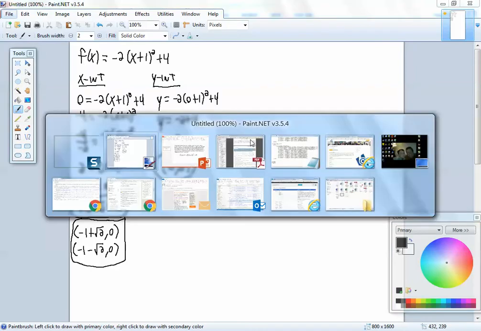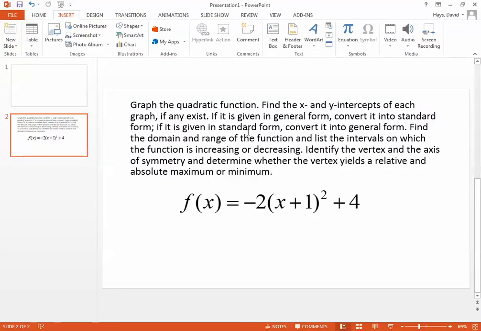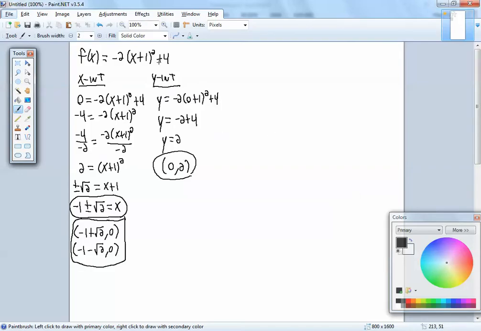Now it says if it's in general form, convert it to standard. If it's in standard, convert it to general. Well, this is in standard form. So we got f of x is equal to -2 times x plus 1 squared plus 4.